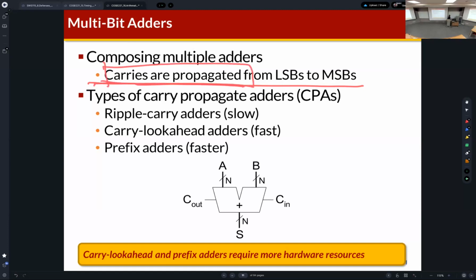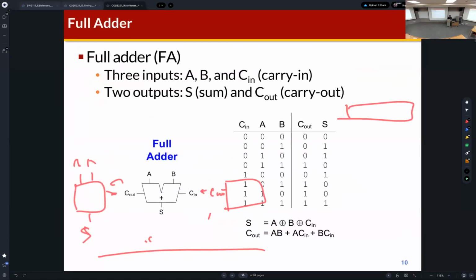That's very important because the carry propagation is the critical path, that is, the longest delay path in adders. As I explained, the A and B inputs are given from outside of the adder, but in parallel. So if the input signals are given in parallel, then we can perform this add operation in parallel.